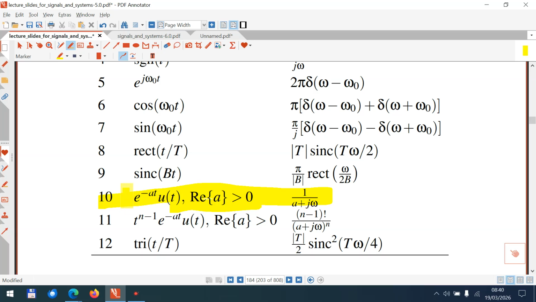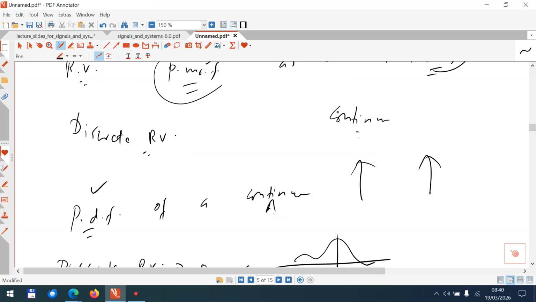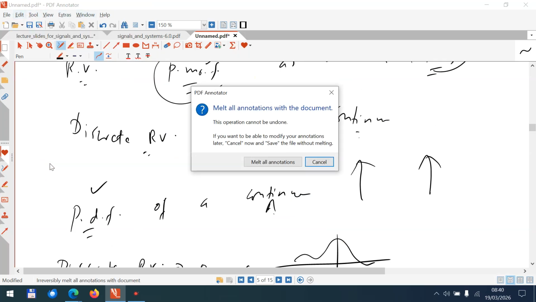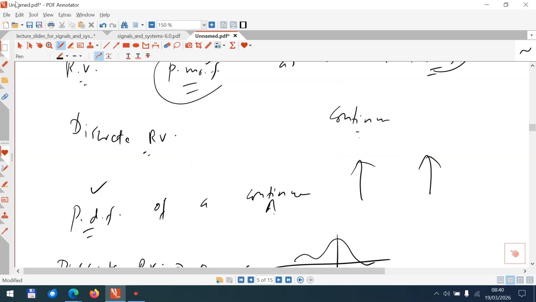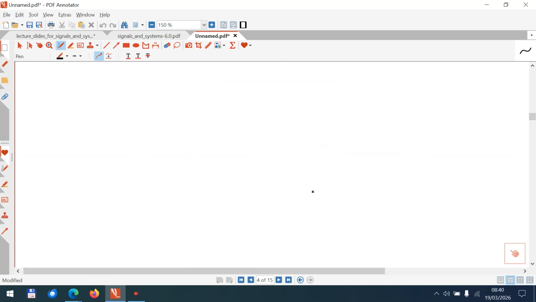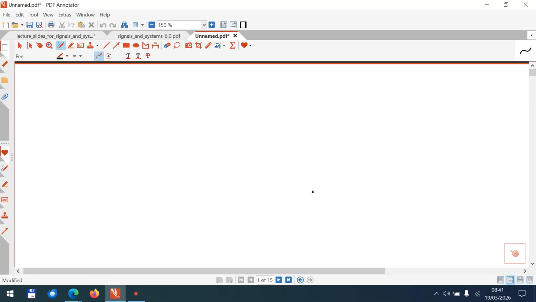Although this is trivial, when we work this out, you will see something which is not visible just by looking at this formula. So let's say we want to remove all the notations.